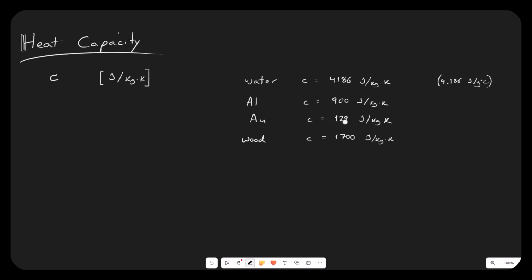If I have 1 kilogram of gold, it's only going to take 129 joules to heat that up. So heat capacity is a measure of how much energy is required, and with a higher heat capacity it takes more to heat it up. So a higher heat capacity equals increased resistance to temperature change.